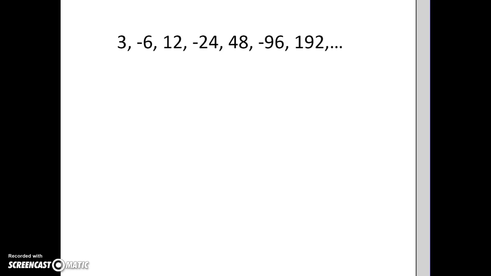Is this a multiplication pattern? Again, we can set this up as 3 times x must equal negative 6. So, if I solve for the common ratio, I get negative 2.